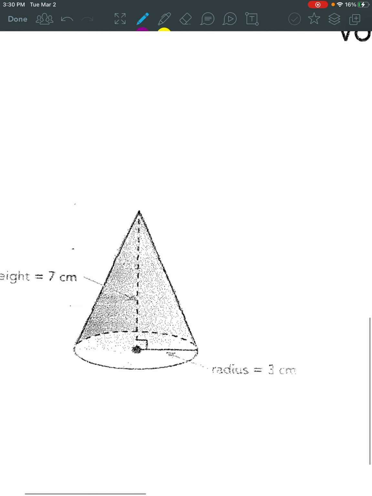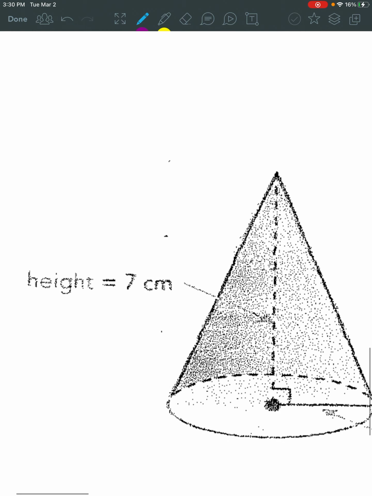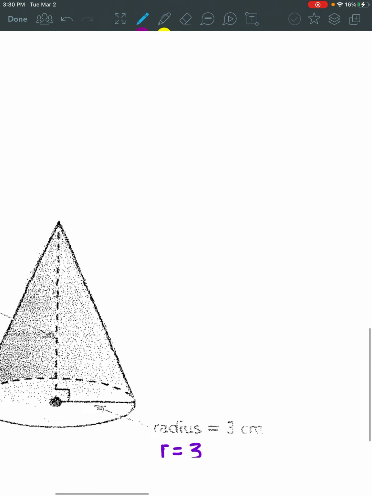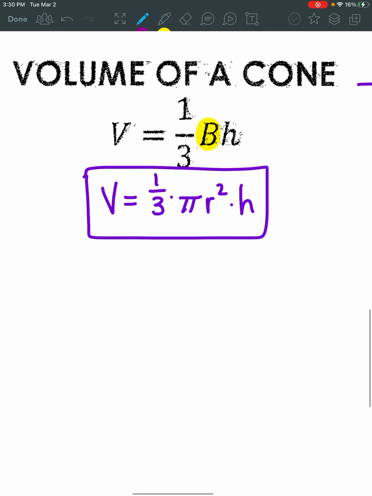So let's do this first example. We have a cone down here. I know it's hard to see. The radius is 3 centimeters, and the height is 7 centimeters. I'm going to show you again how we've been doing this, with both methods, where we get the exact volume and also the rounded volume. I personally find it easiest to divide by 3 and deal with that 1/3 fraction at the very end. So pi stays there.